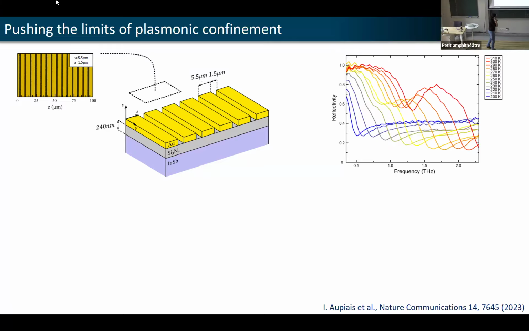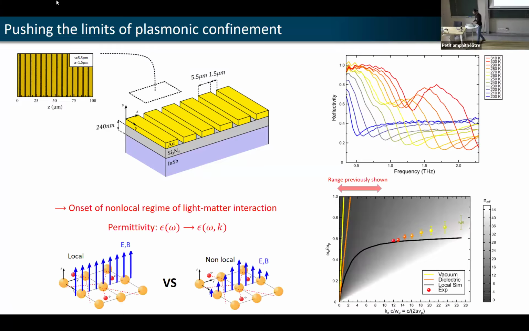If we do the same plot as I did before, in scale units, cavity frequency versus momentum, this is the dispersion relation we're expecting for the surface plasmon or cavity resonance in a local model. And we see now a complete departure of the experimental points compared to this. This is the range I previously showed in the previous slide. So now you see that we are even deeper into this plasmonic regime.